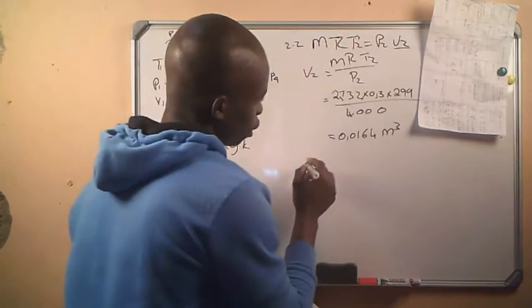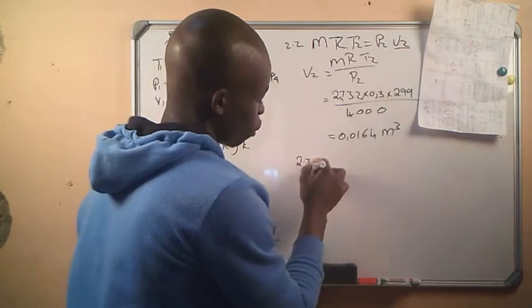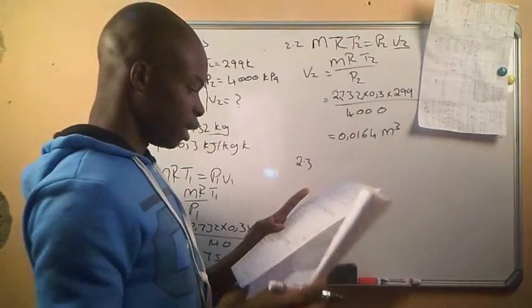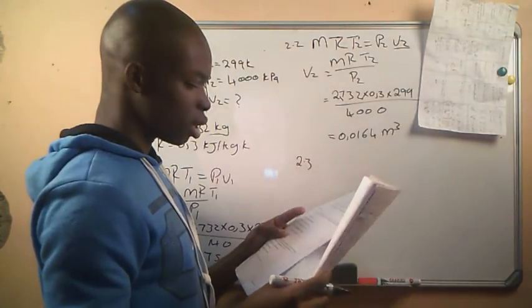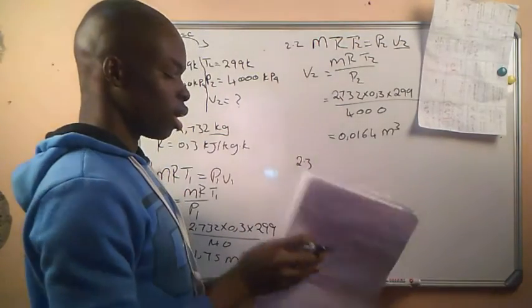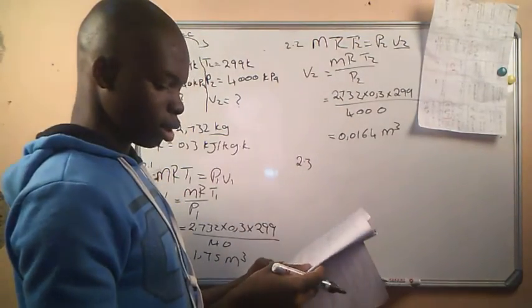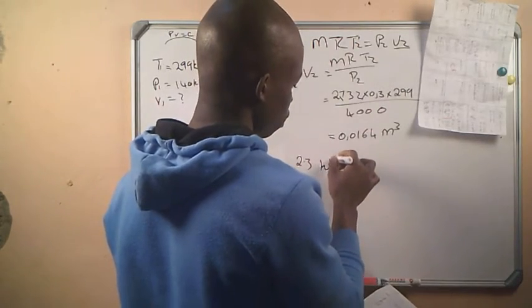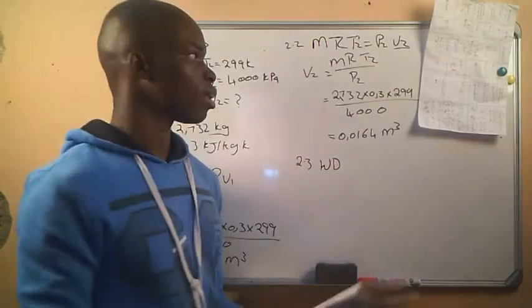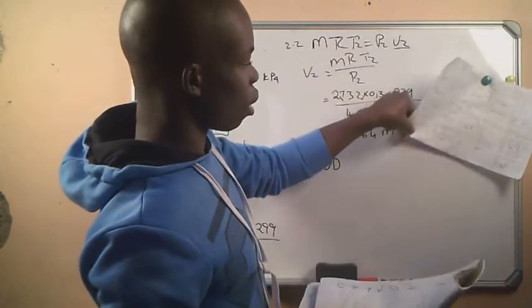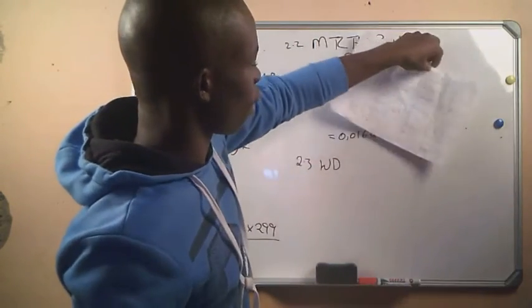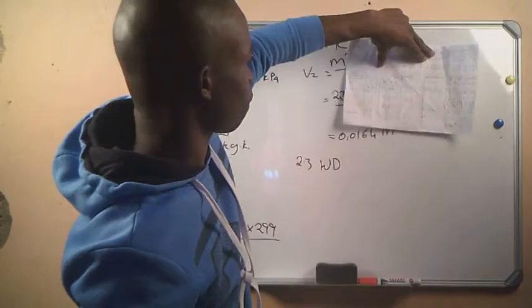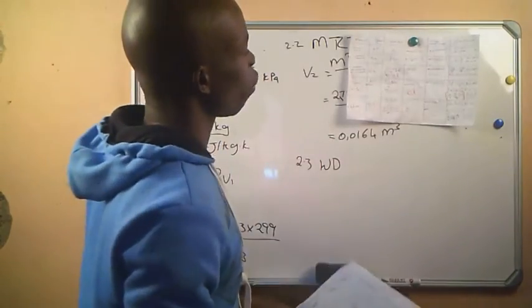And then we have our third question. They say calculate the work done in kilojoules. In this case, we are given two equations in our table under work done.